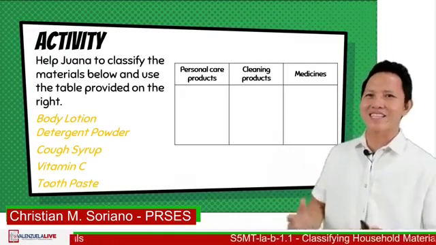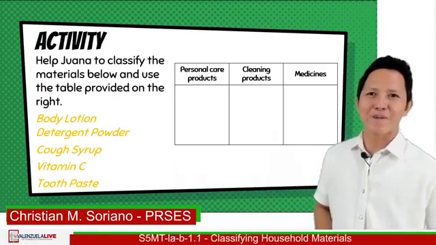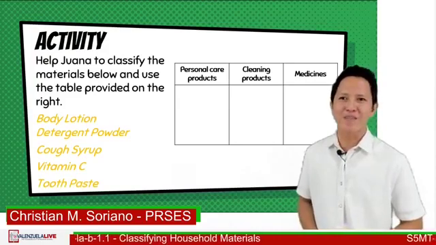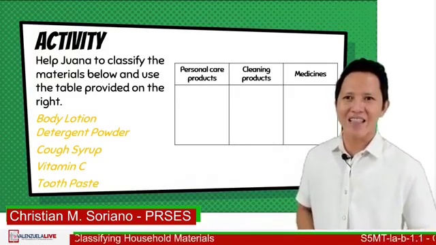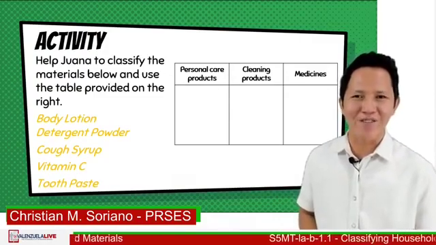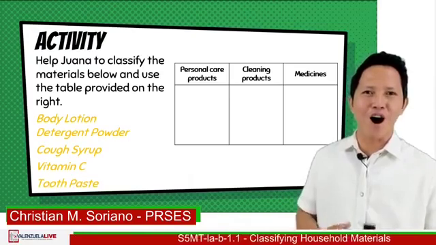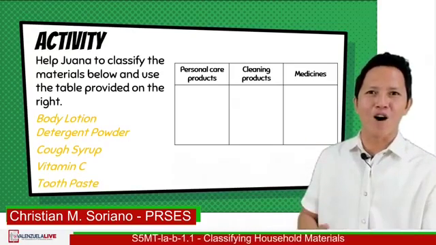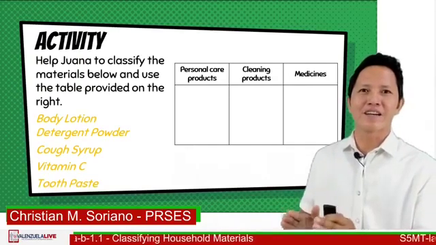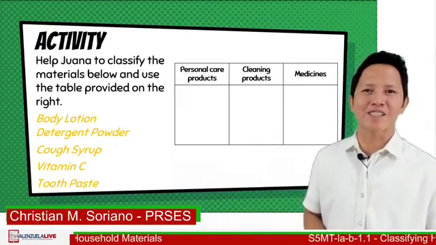You can imagine that what they bought are body lotion, detergent powder, cough syrup, vitamin C, and toothpaste. Are you ready now? I'm going to give you 2 minutes to put in the proper column all the household materials her mother and she bought. Okay? 2 minutes. Start now.